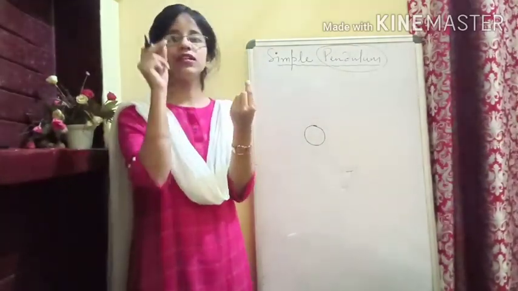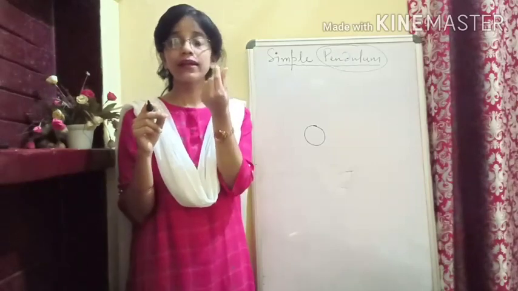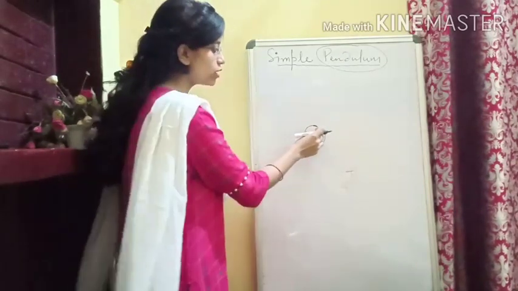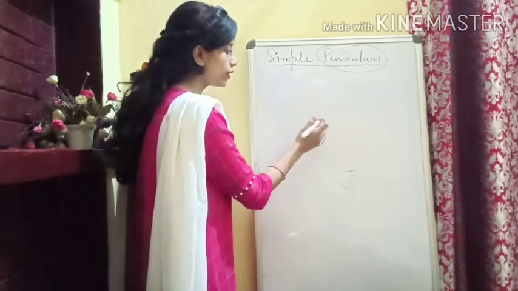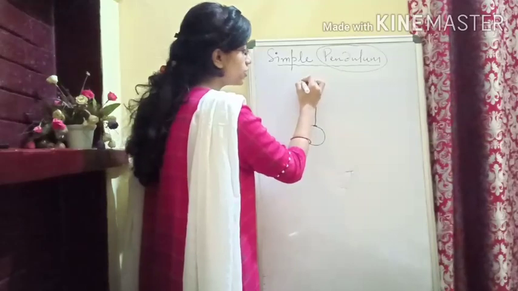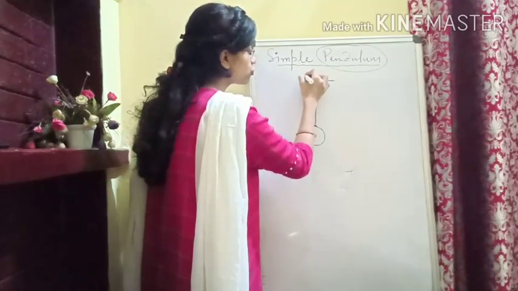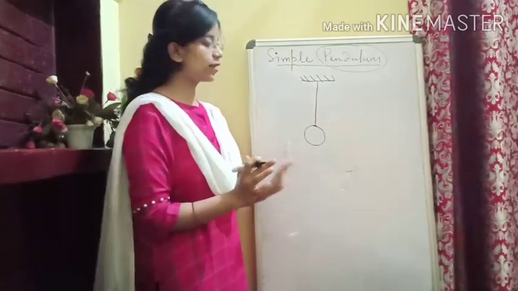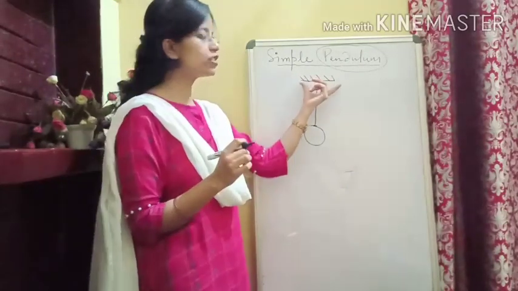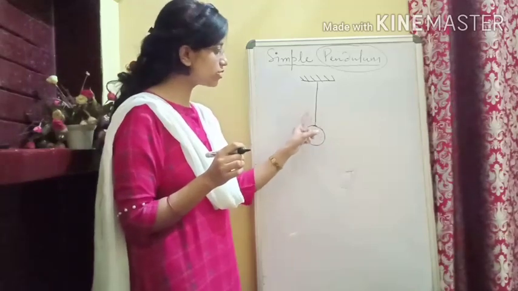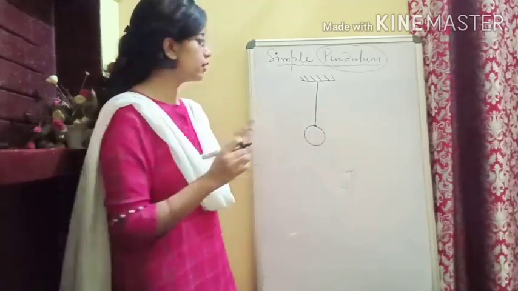You can consider an iron ball of a very small radius, and then we attach a string, and this is further attached to a rigid support. This is the setup of a simple pendulum, where we have a rigid support, then a string attached, and with that string we have a heavy point mass.